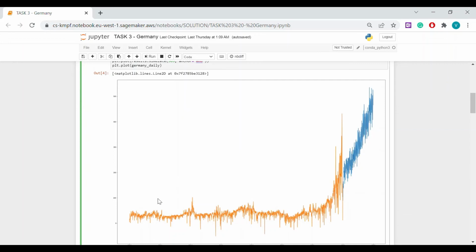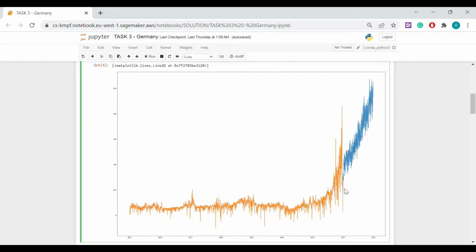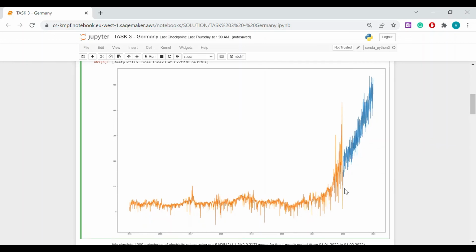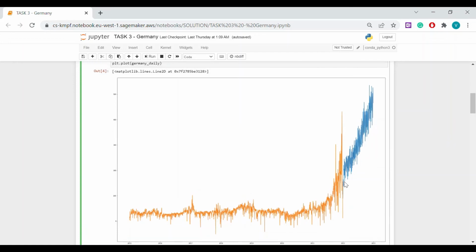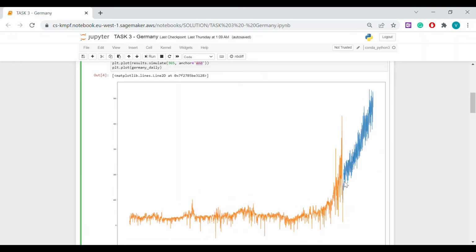So here on the plot we can see our Germany daily prices data in orange and the new simulated trajectory for the price starting from the 1st January of 2022 and a total of 365 observations.